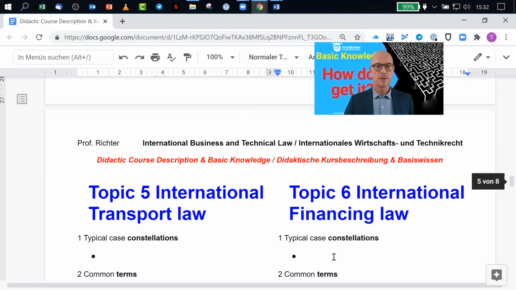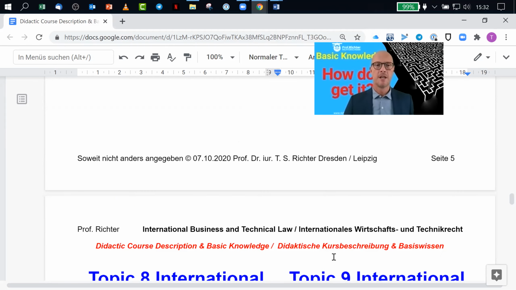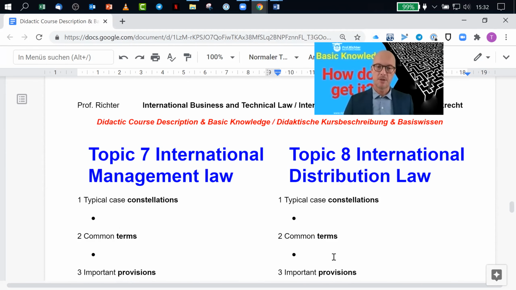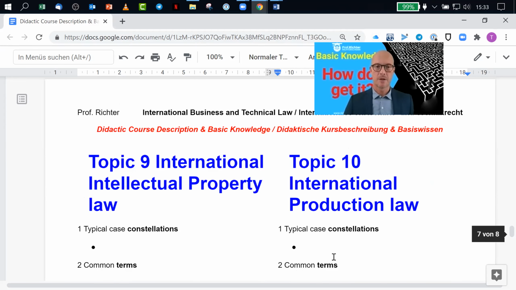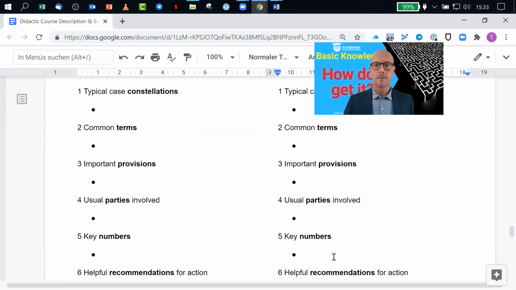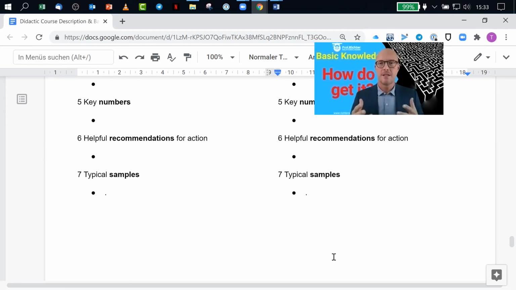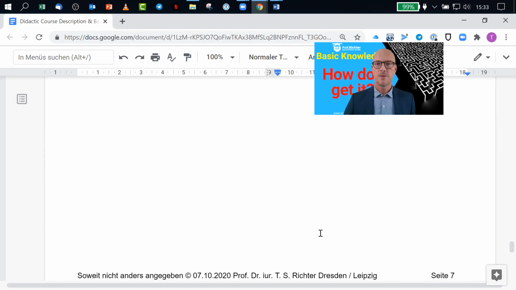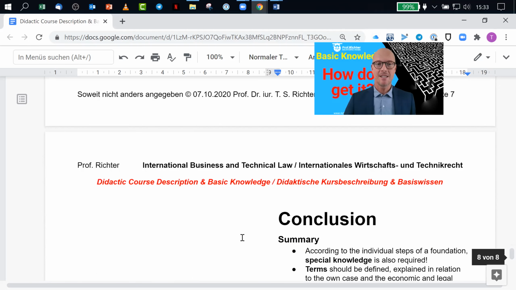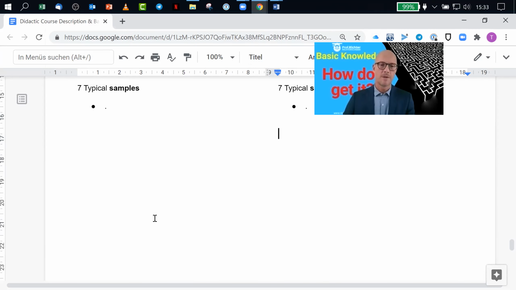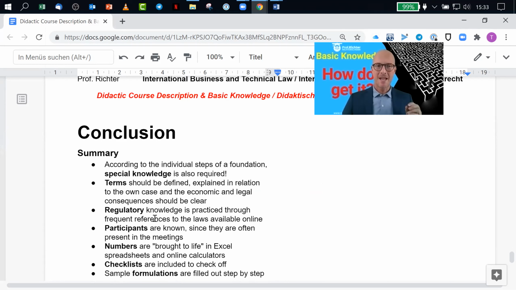Please do the same in the International Transport Law chapter, the International Financing Law chapter, International Management Law, Distribution Law, and of course, intellectual property law and intellectual production law. So you fill this document more and more with the things that you found out in the cases. This is how you will find all the basic knowledge.